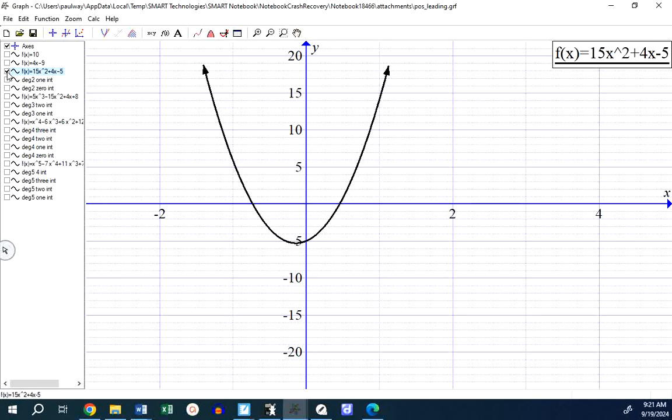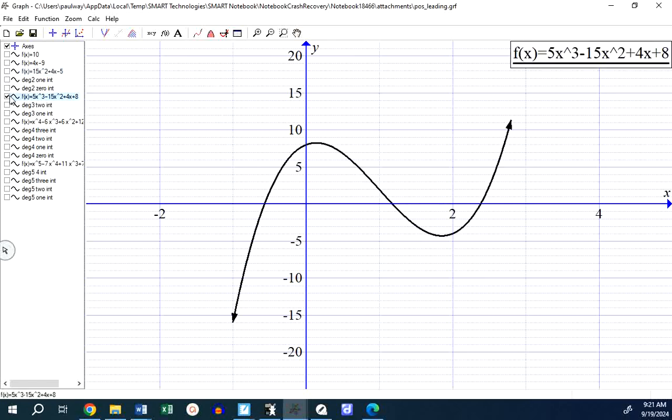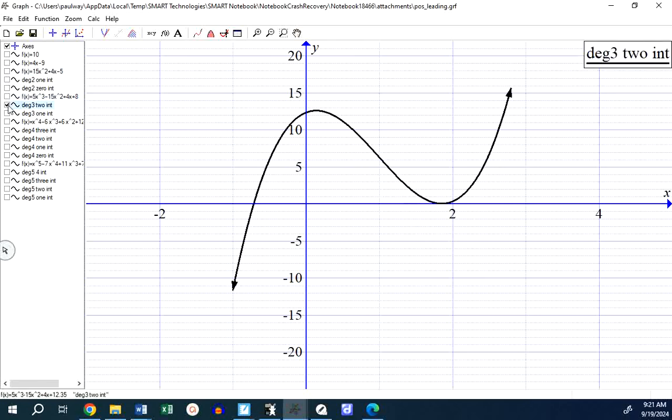We're going to call the arrows arms. In this type of polynomial function, both arms are in the same direction. It's exactly right. But in this type of polynomial function, it doesn't matter whether we're talking about 2 x-intercepts or 3, the arms are in opposite directions.